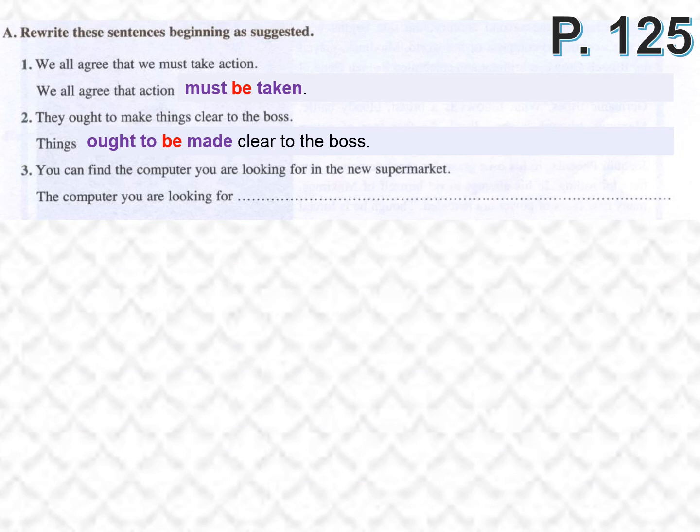Number 3, you can find the computer you are looking for in the new supermarket. So we have the modal can be, and the past participle of find is found, so can be found in the new supermarket. Okay?